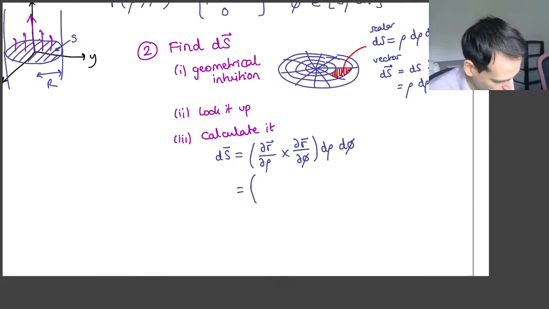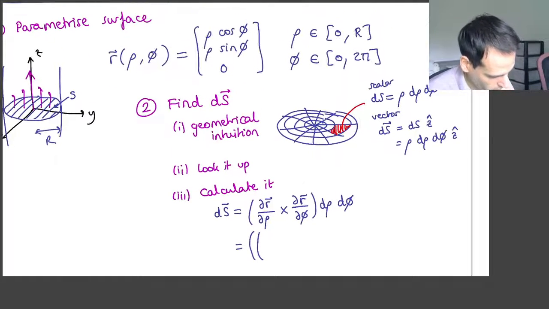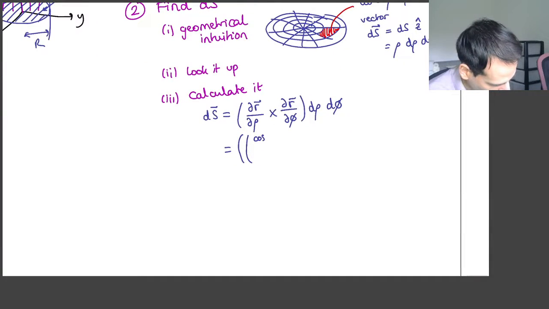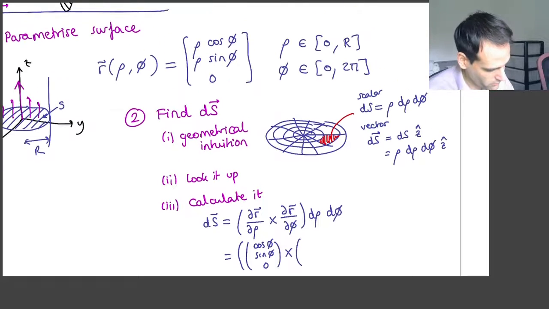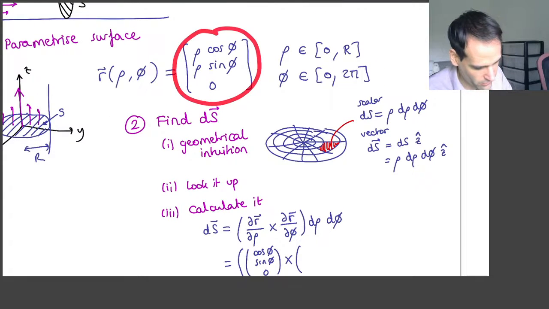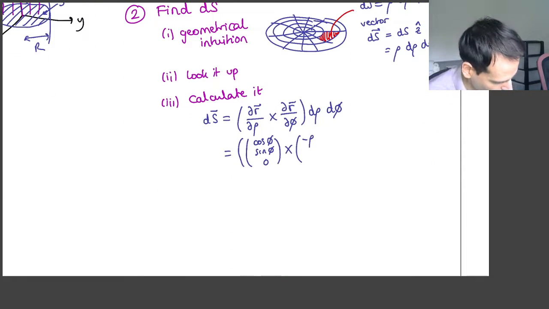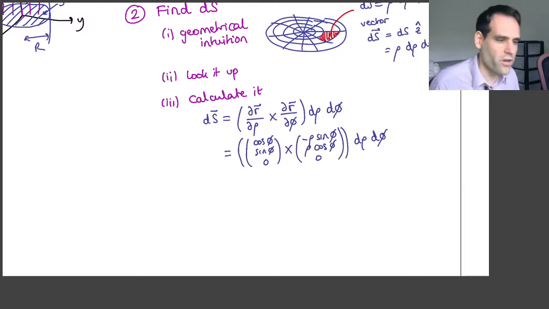So what do you get? You get a vector. So with respect to rho, you get cosine phi, sine phi, and 0. Cross product, partial of this with respect to phi. So you get minus rho sine phi, rho cosine phi, and 0. Okay. Now you have to do this cross product.